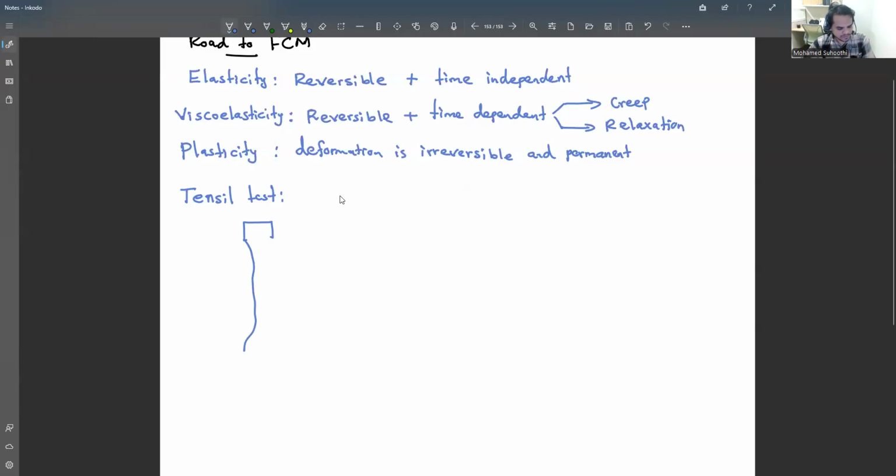You apply the tension force by holding these two ends. This is called the gauge length. Then you measure the extension, and finally you can plot the stress-strain curve, right?